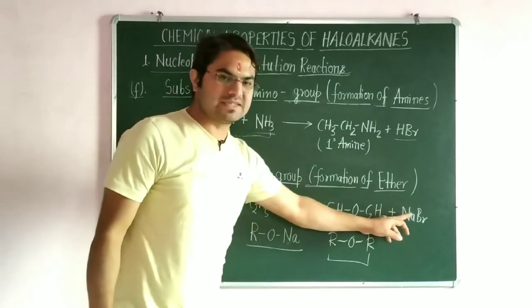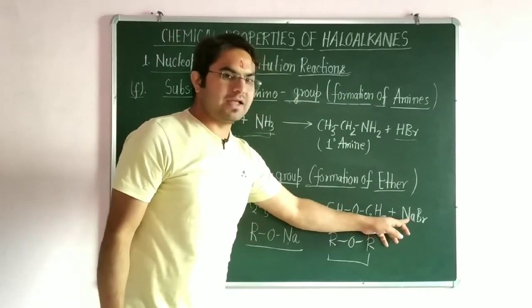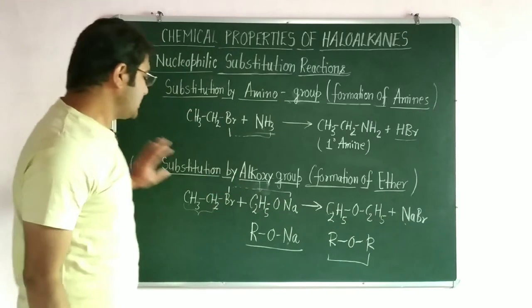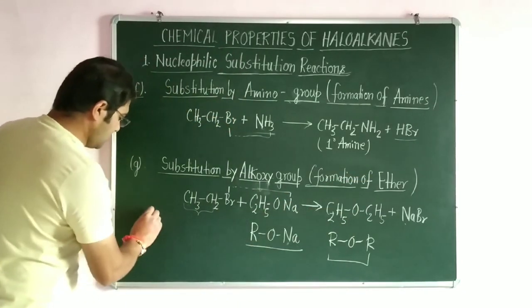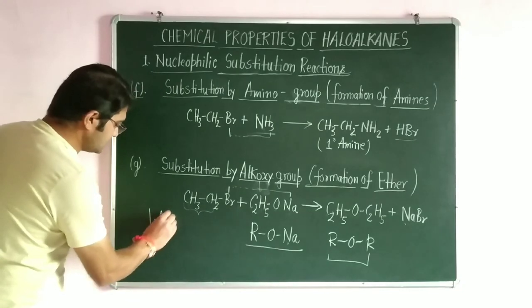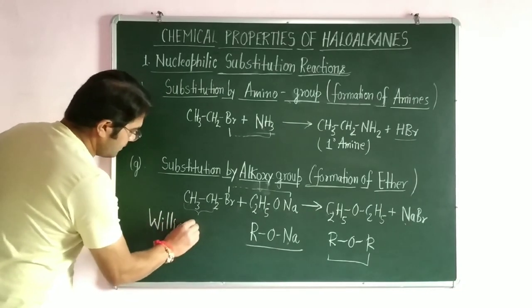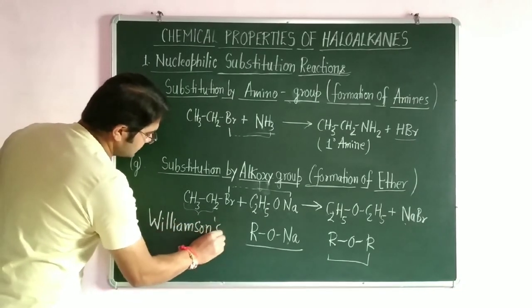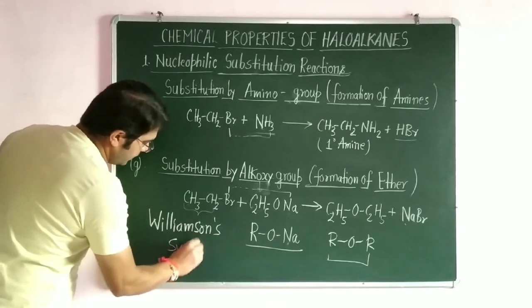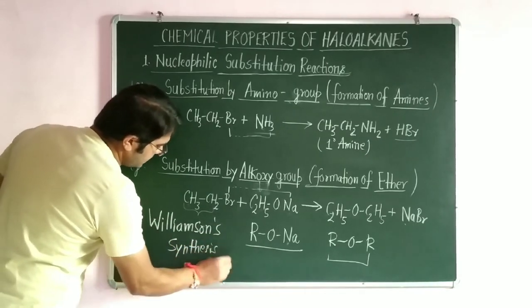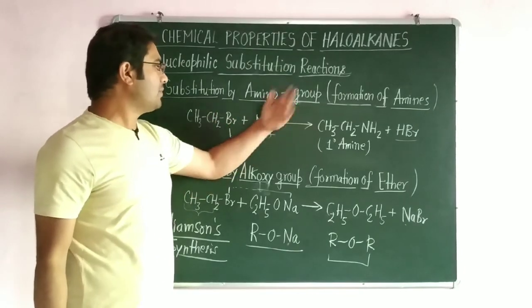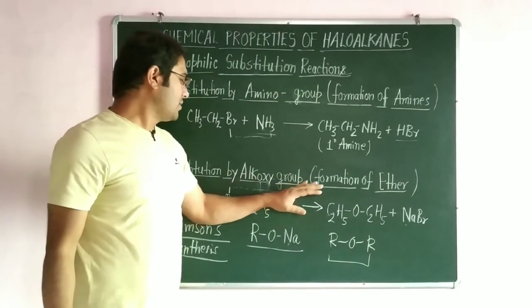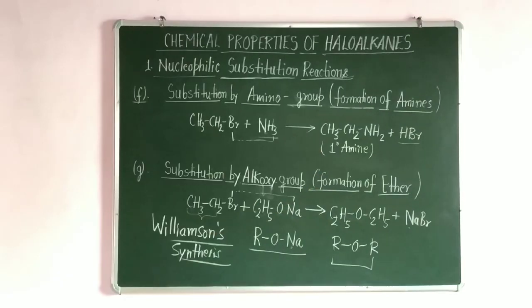C2H5OC2H5 is formed with the elimination of NaBr. So this is the specific method for the preparation of ether, and this is a name reaction known as Williamson synthesis. Williamson's synthesis is one of the important reactions for the preparation of ether. So this is all about substitution by amino group and substitution by alkoxy group.